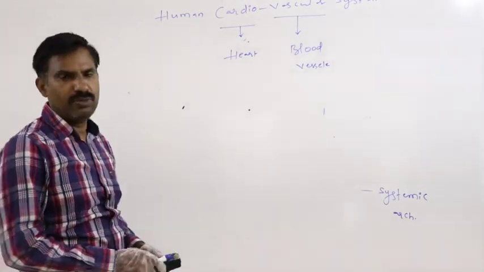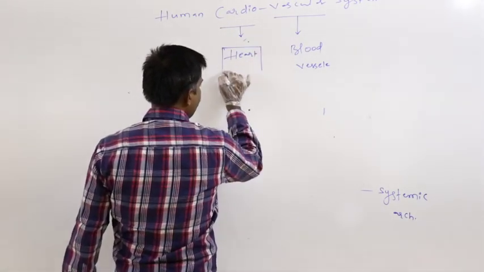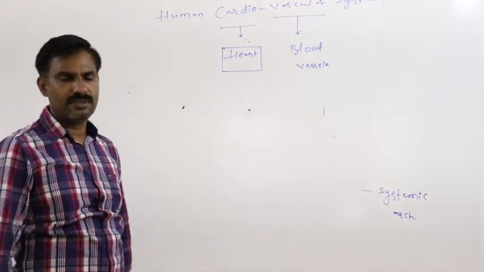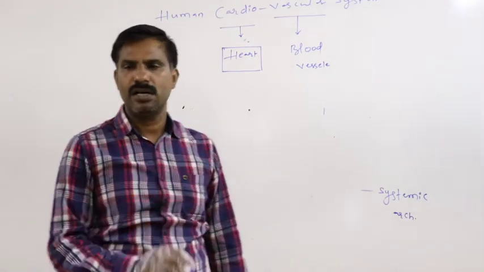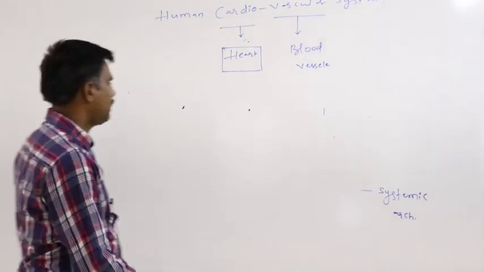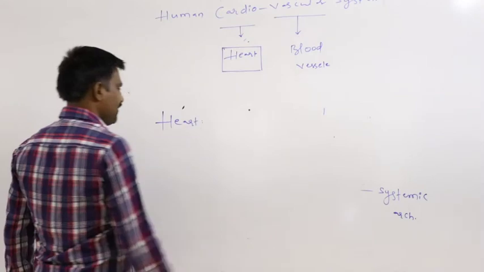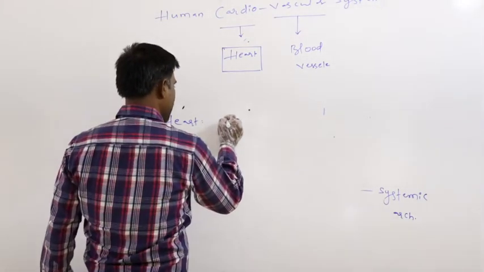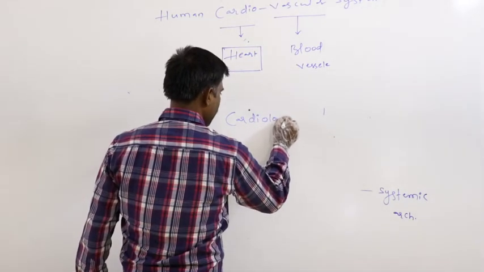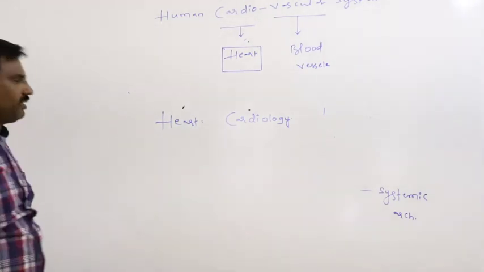In the human circulatory system, the first part is the heart. In the human cardiovascular system, the pumping organ is the heart. The study of the heart is cardiology.